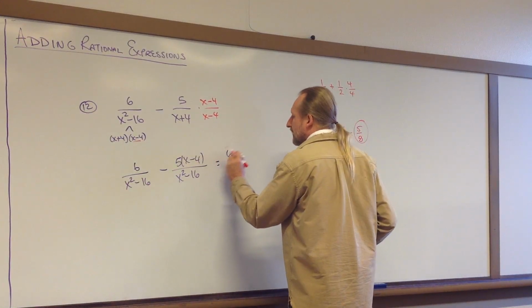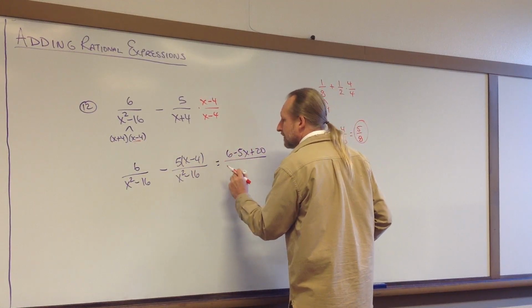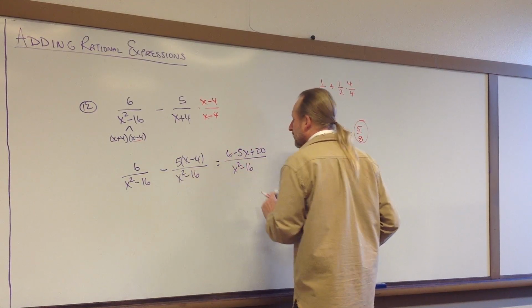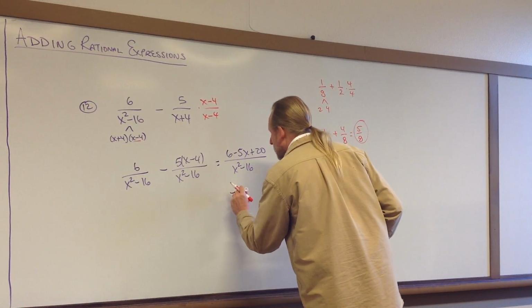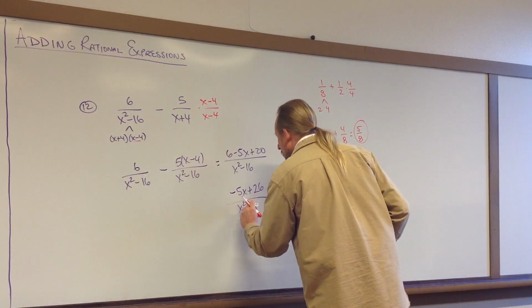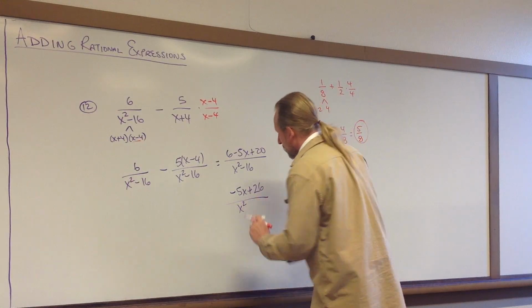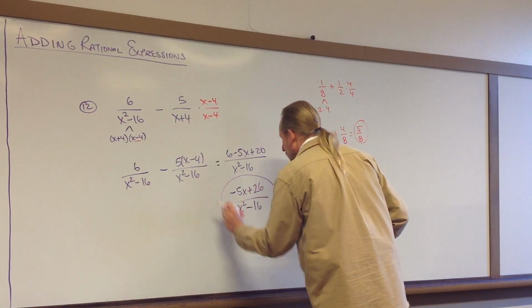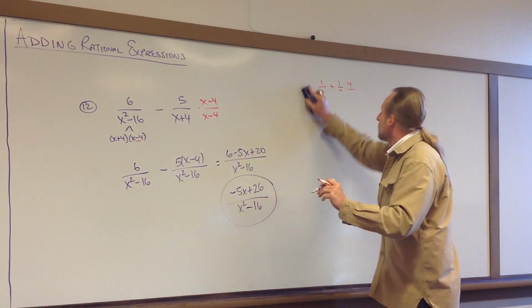Let's see, this will be 6 minus 5x plus 20 over x squared minus 16. And so let's see here, this is going to be negative 5x plus 26 over x squared minus 16. There we go. You can call it 26 minus 5x if you want. It's the same thing.